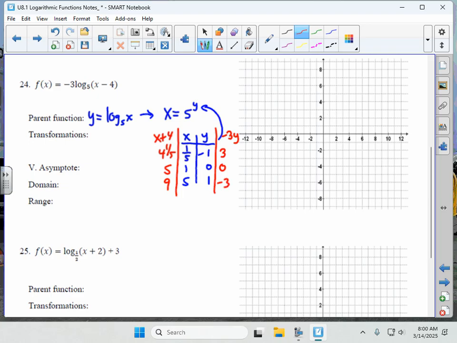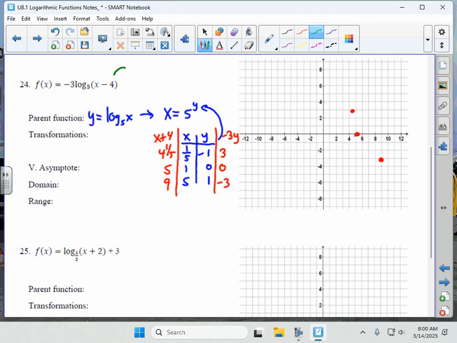Let's plot those points. So we're going right 4 1/5, and then up 3. 5, 0, so we're going right 5. And then 9, negative 3. So right 9, down 3. Okay, we have a vertical asymptote.